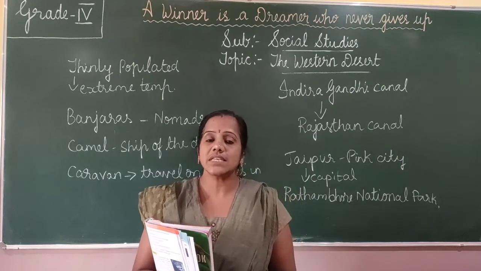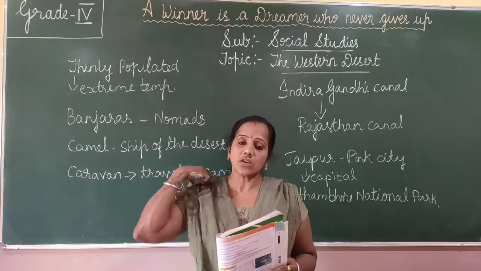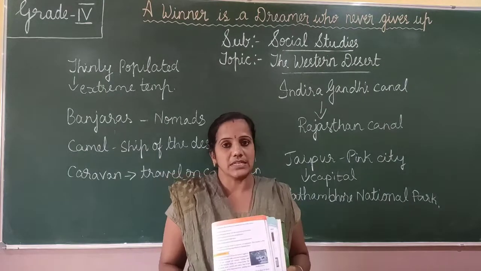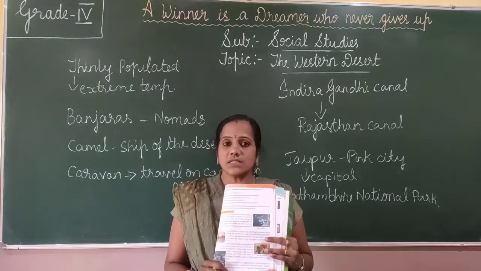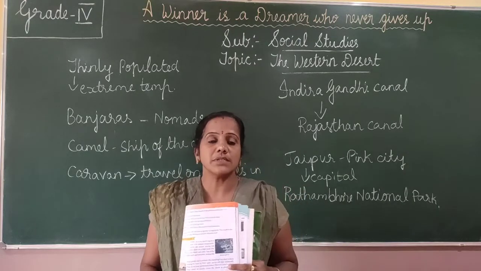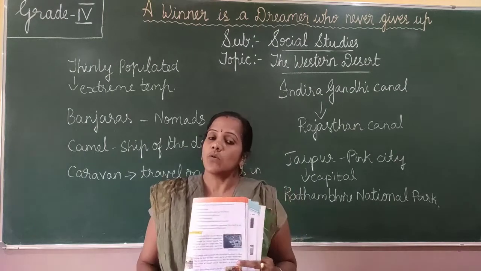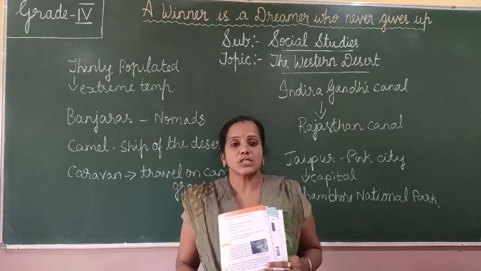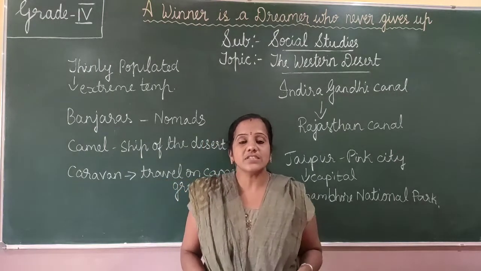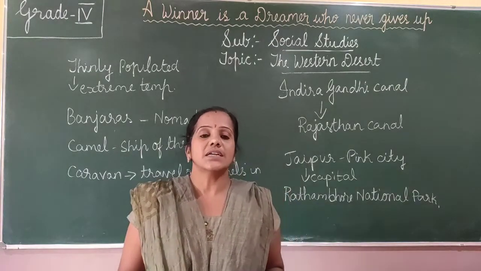Once the sun sets, the sand cools down quickly and the temperature decreases. So there is a lot of difference between the day and night temperature. In the summer season it is extremely hot during the daytime, whereas in the winter it is cool and pleasant. During the winter season, at night, it is very cold in this region.